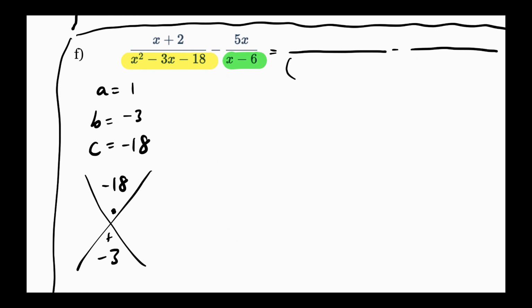Let's see, what two numbers multiply? 6 and 3. Okay, that's the new yellow factor.